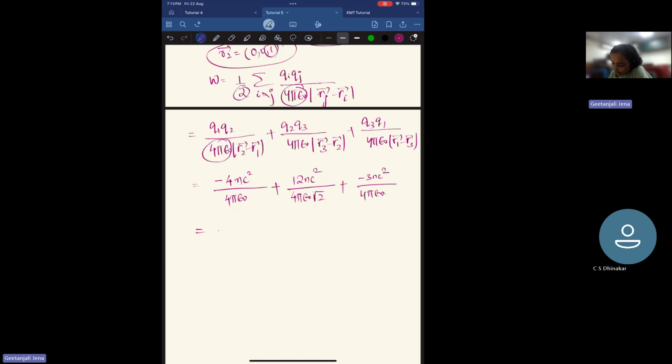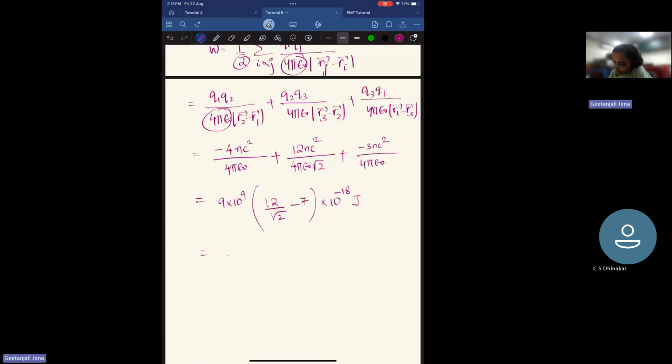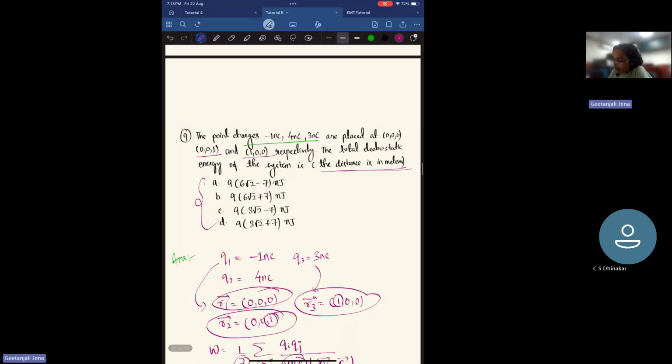So 1 by 4 pi epsilon naught is 9 into 10 to the 9. And you get 12 by root 2 minus 7, nanocoulomb square, which will be 9 times (6 root 2 minus 7) nanojoule. Okay, so you are correct then. The answer is option A.